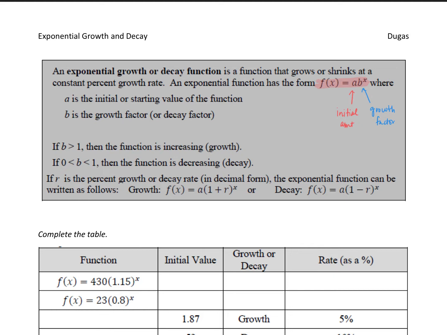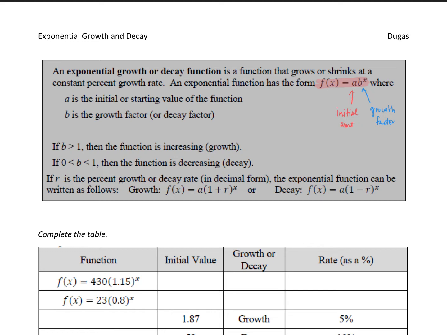Now we've talked about another type of function. You've probably learned about a linear function, and in a linear function you also had a way to express growth or decay using an original amount and an average rate of change, which is kind of like a growth factor.